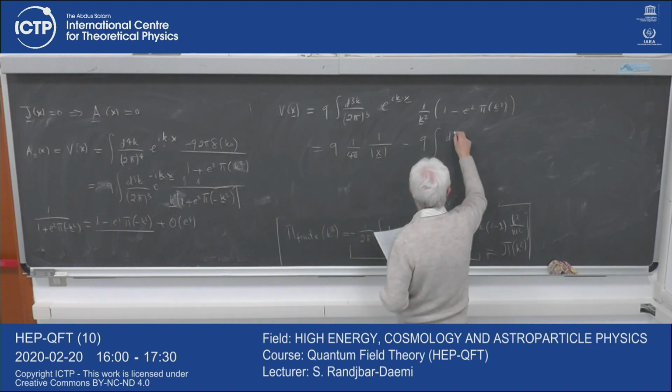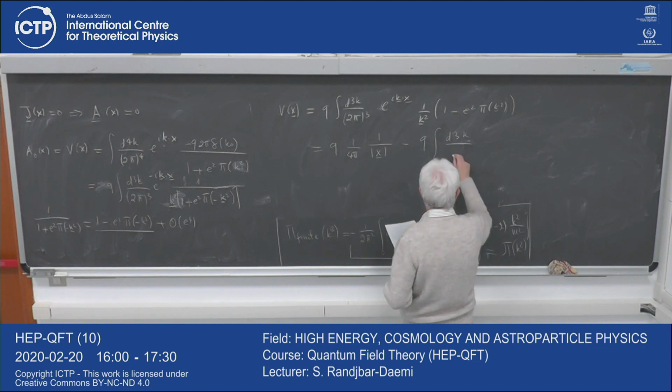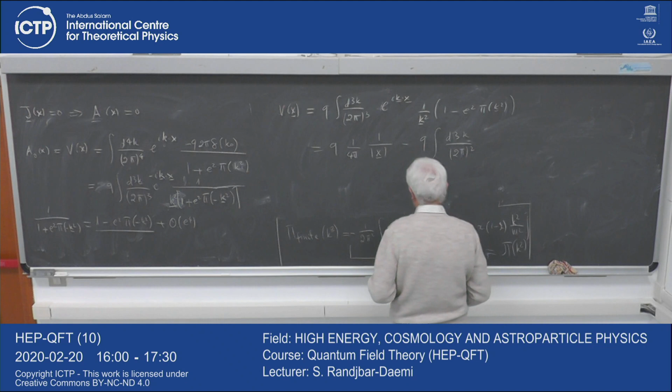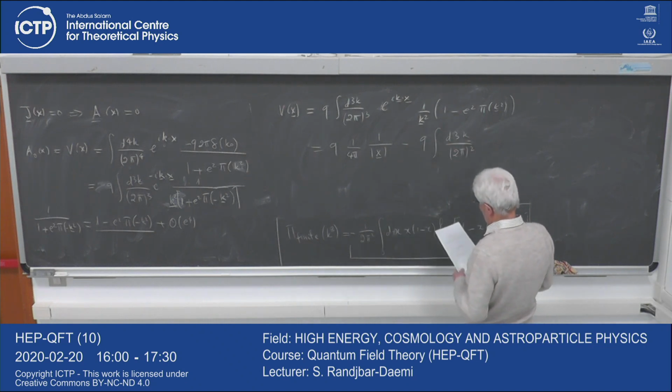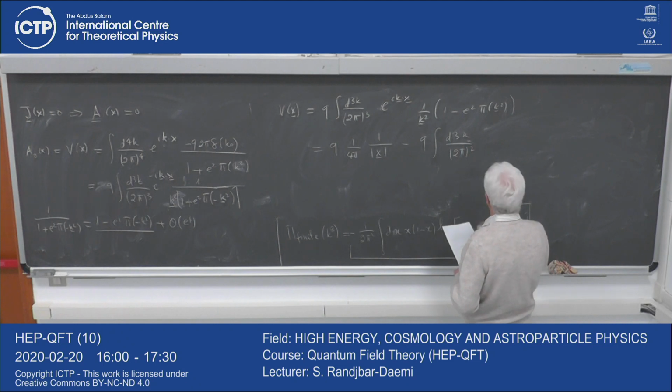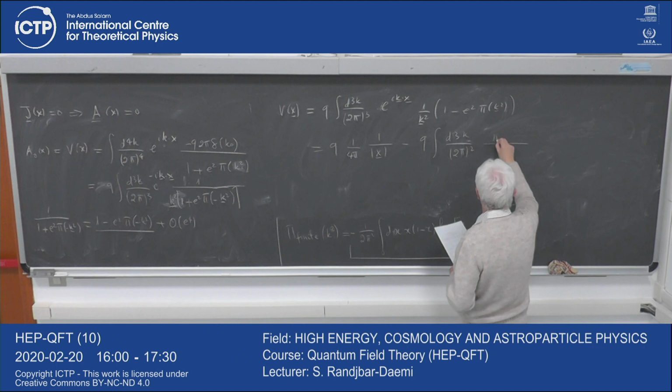It is d3k divided by 2 pi squared. This minus sign comes from there. Oops, there's an error in the notes, but a minor error.